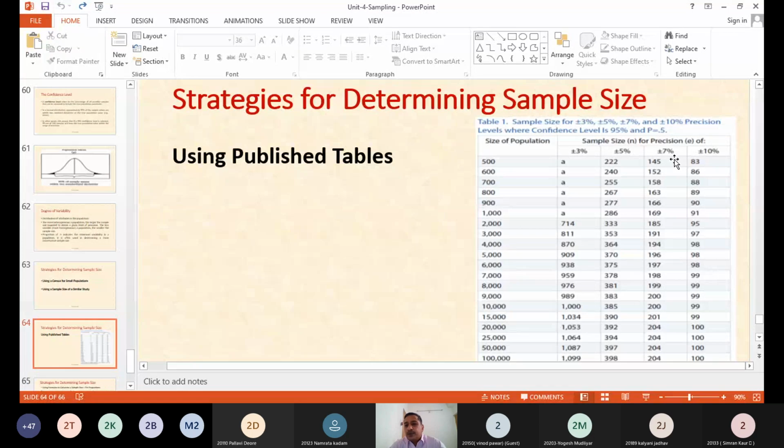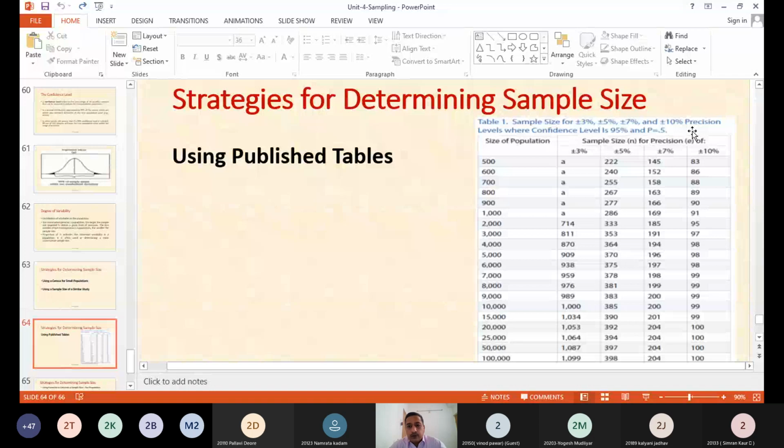All these are precision levels, how accurate the results are desired by the researcher. The confidence level is 95% for this particular table, and P, that is the variability, is 0.5. As we have discussed, if we expect maximum variability, then we can select 0.5 as the degree of variability. So here P is 0.5.